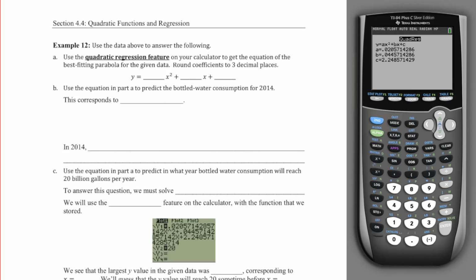So my a value is 0.021 when I round to 3 decimal places. My b value is 0.045. And my c value is 2.249.